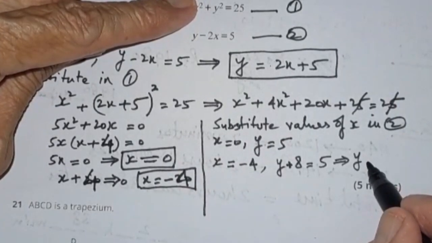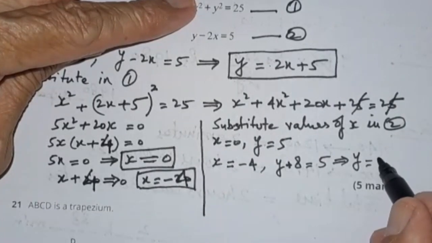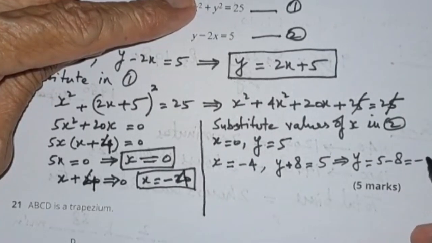So we have y equal to 5 minus 8 equal to minus 3.